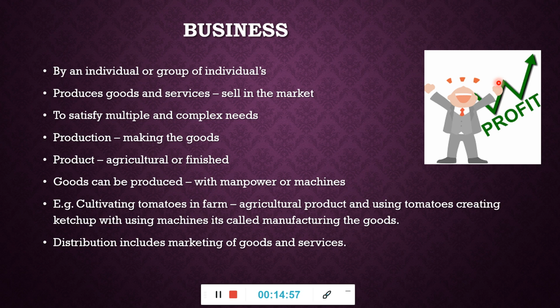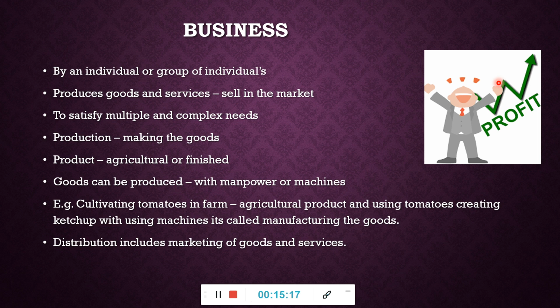So products may be divided into two parts. Products are agricultural or finished goods. Now agriculture यानी क्या? Directly आपने खेत में बनाया है और वहाँ से आपको directly sell करना है. The best example is tomatoes. Tomatoes क्या है? Agricultural crop है.